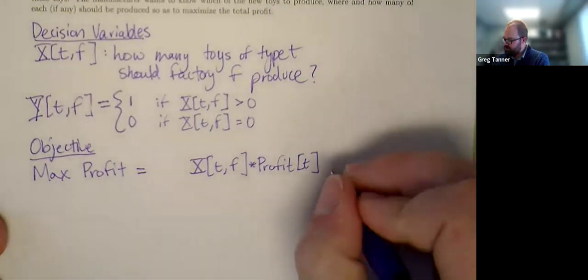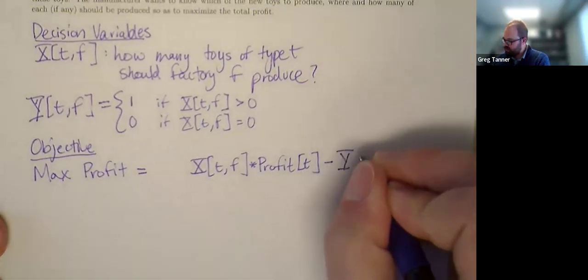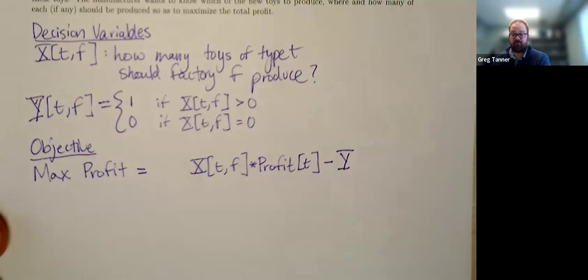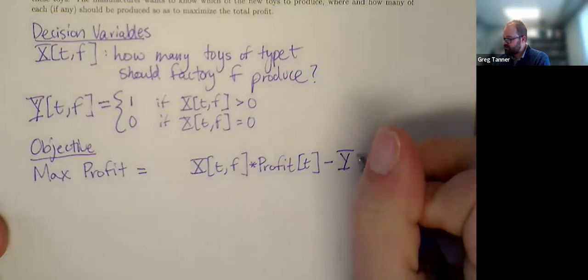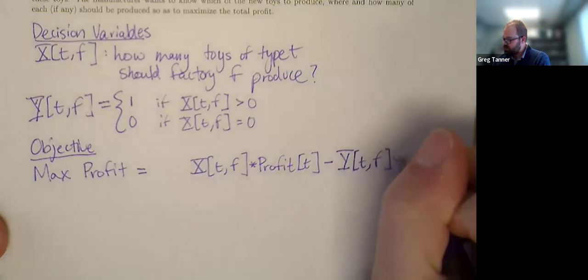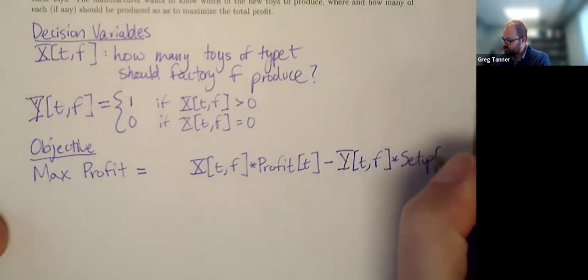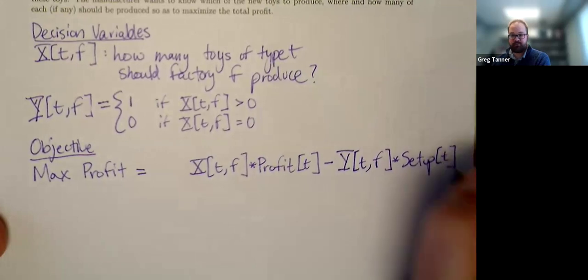And then we're going to have to subtract off our setup costs. So if we set up a toy, then we need to pay that setup cost. And so we'll take YTF times the setup for that toy.